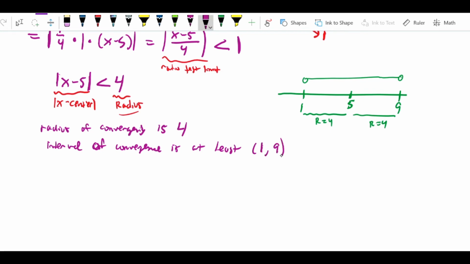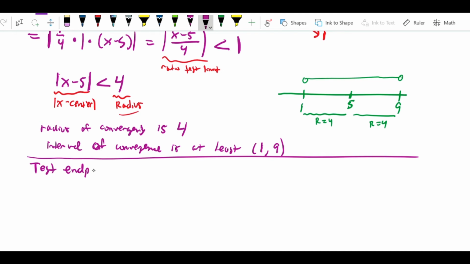When I say at least, what I mean is that we don't know yet whether it's a little bit larger. It might include one or both of these endpoints. We just don't know at this point. So that's why the next thing we're going to have to do is test the endpoints. So let's go to the next phase of the problem and test the endpoints.